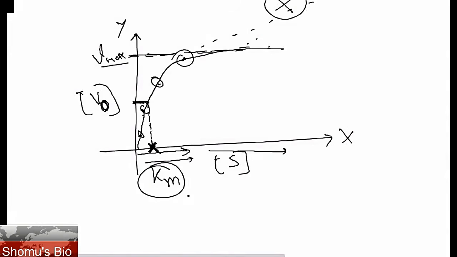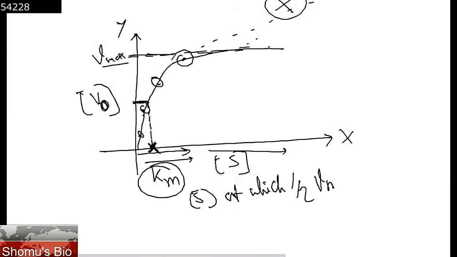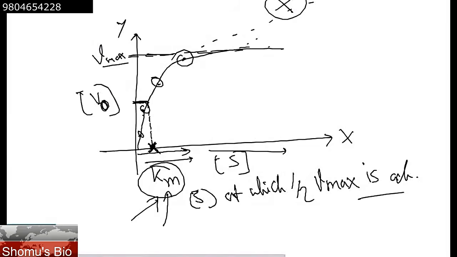Km is the substrate concentration at which half of the Vmax is achieved. And this Km gives us a measure of the affinity of an enzyme towards its substrate.